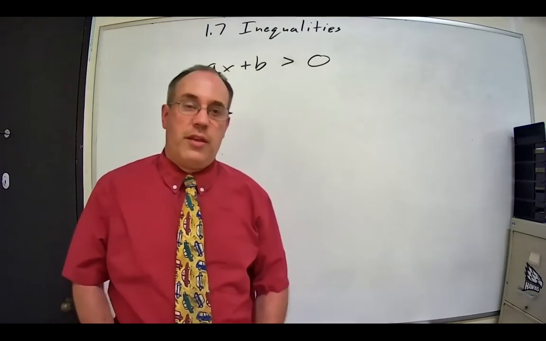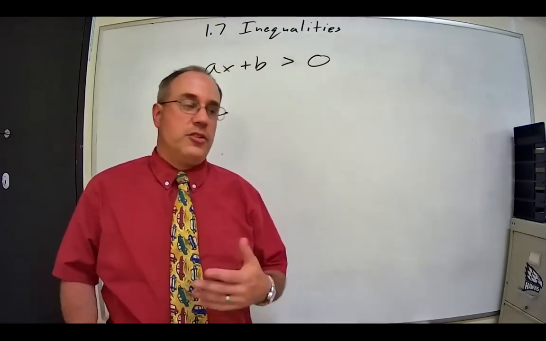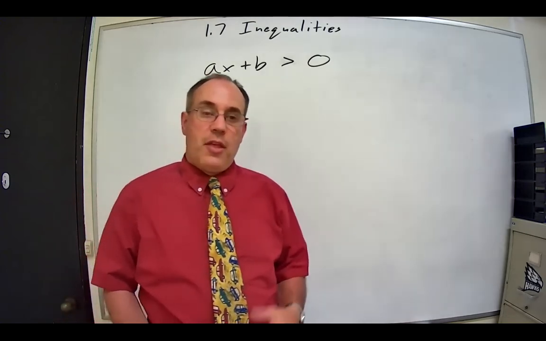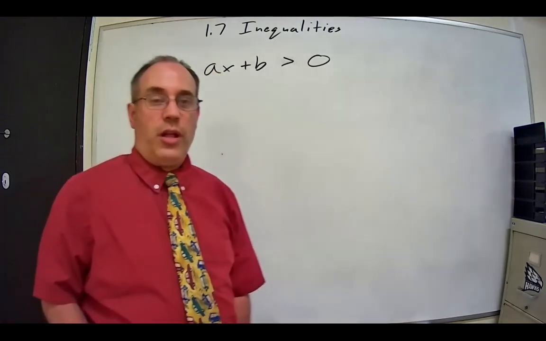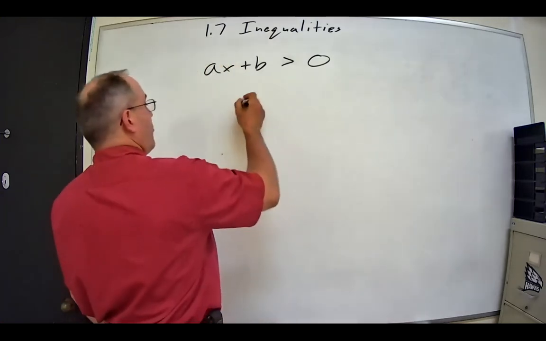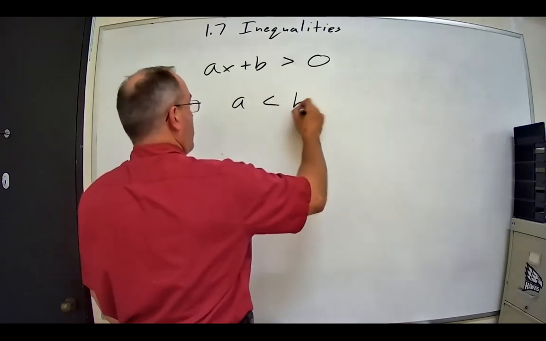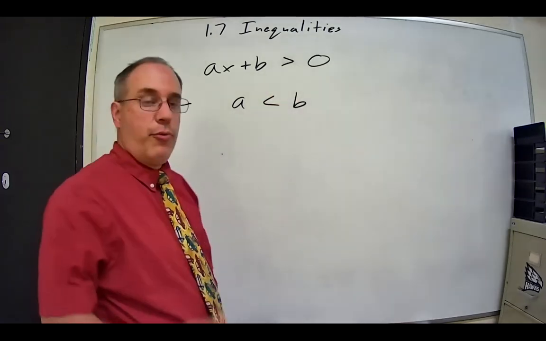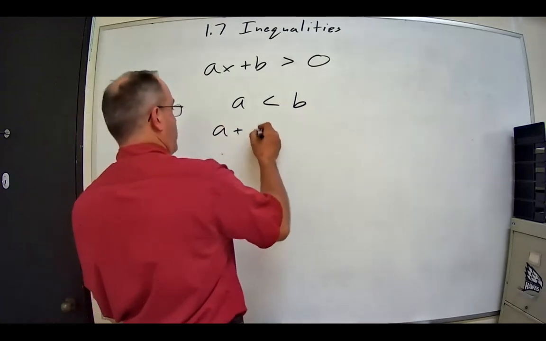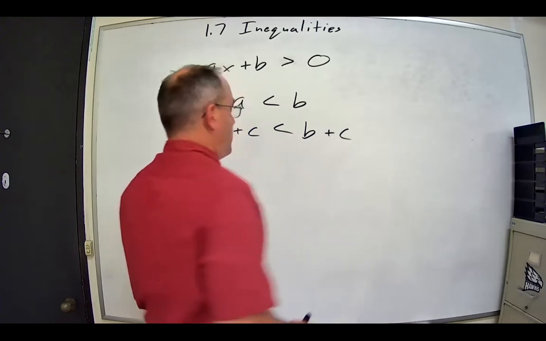Now, when we're dealing with inequalities, we can solve them just like we have equations, but there are a couple of rules that we need to realize. If we have a less than b, and we add another constant c, a plus c will also be less than b plus c.